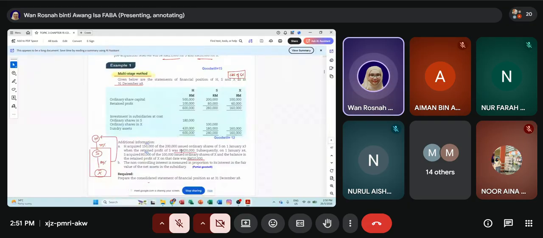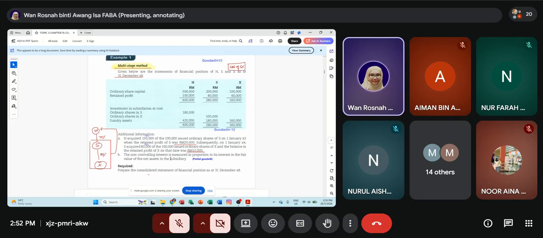Pre-acquisition profit 20,000, you already identified, right? S is considered the holding company of X, with 80% ownership, whereby you divide 80,000 by 100,000, so you have 80% ownership.